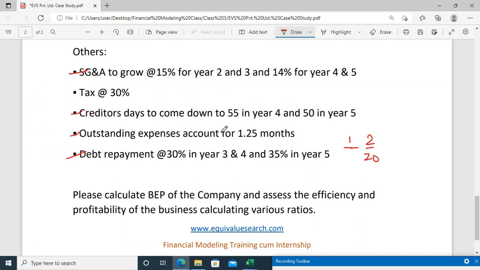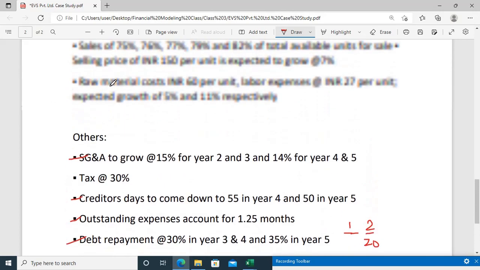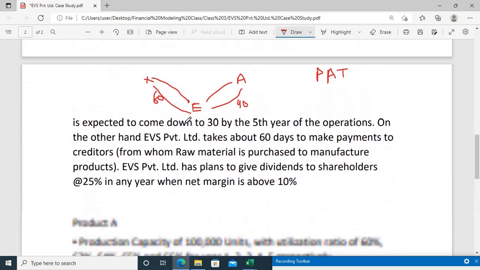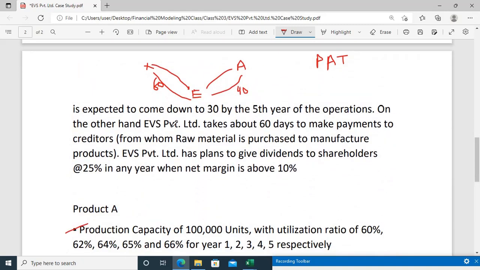Now, is there any more information left? The tax rate is left. I will be using this in the income statement. Let's check here. Plans to give dividends to the shareholders at 25% in any year when net margin is above 10%.